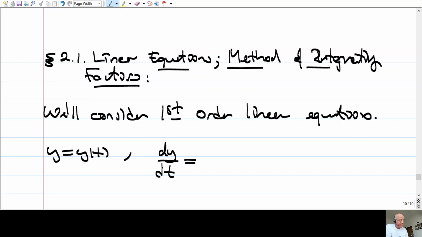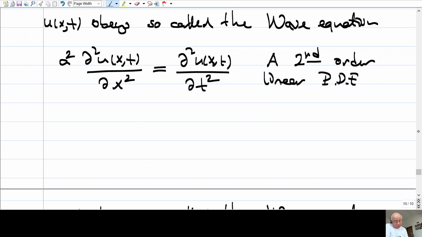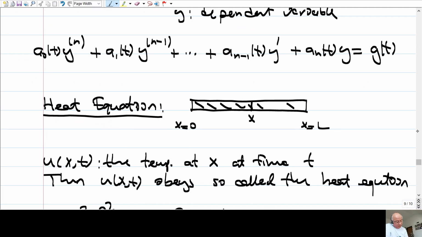And since it is linear, the derivative term is not multiplied with itself or with y. Actually, we have stated the general form was this, right?